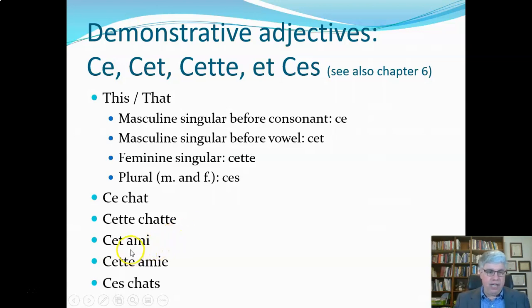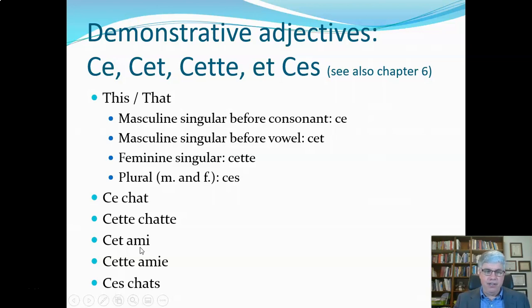Now let's go to another example. Ami is the word for friend. It's a masculine word for friend. And again, generally you wouldn't say boyfriend or girlfriend unless the context says that you should. You would say cet ami, this friend. We use the cet form in front of ami.